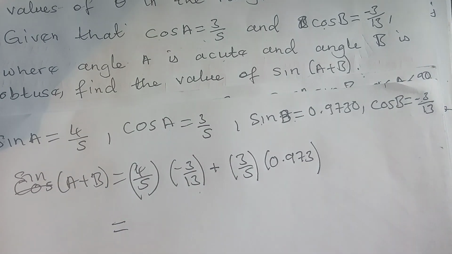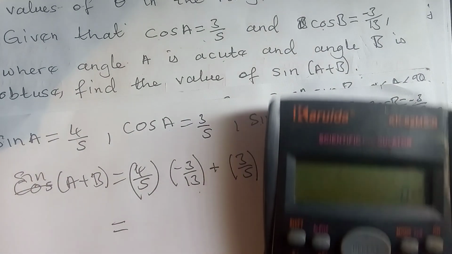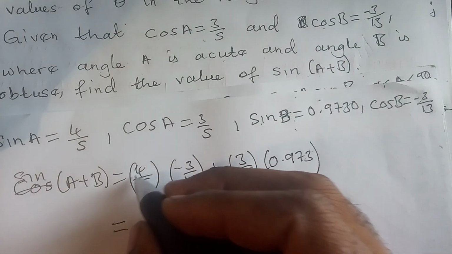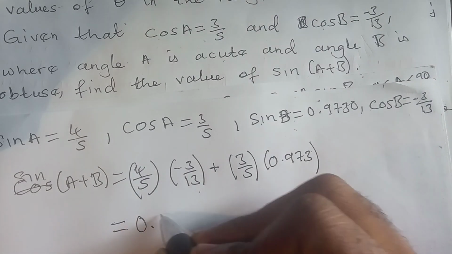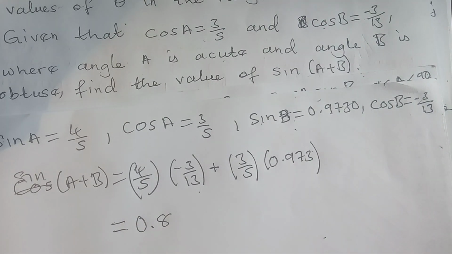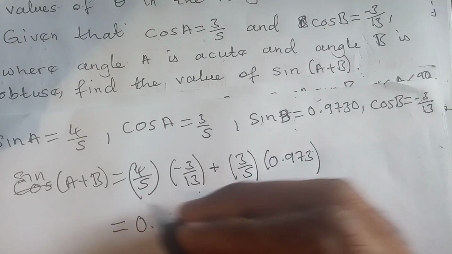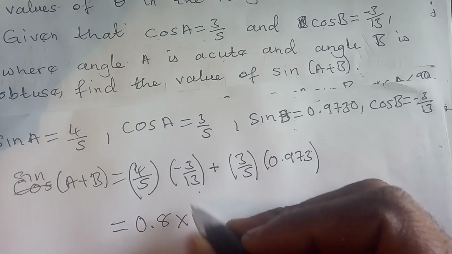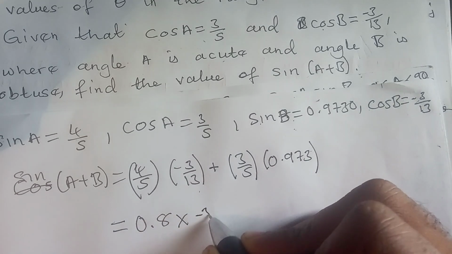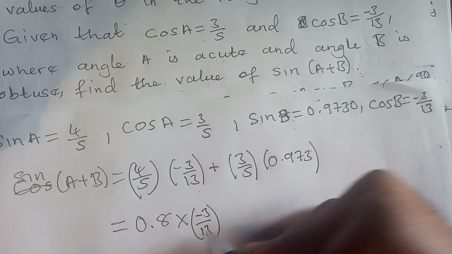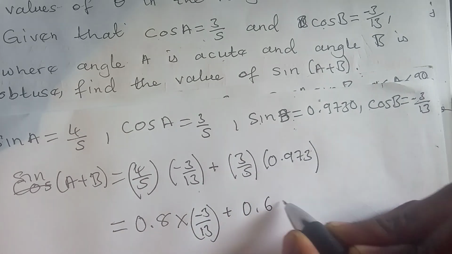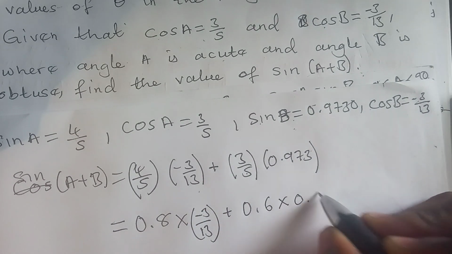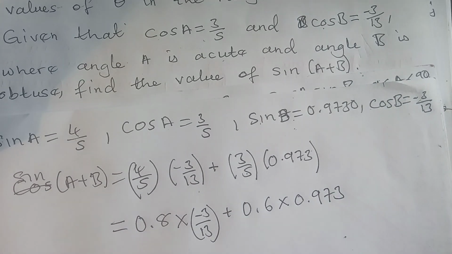I'll just punch everything on the calculator. 4 divided by 5, I think this is known, is 0.8. And then we have negative 3 over 13, and this is 0.6 multiplied by 0.973.